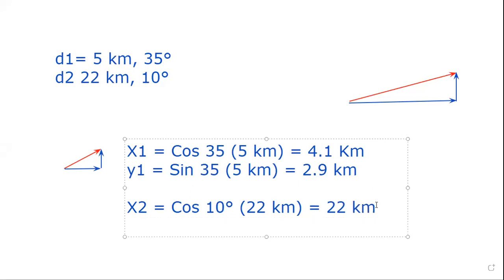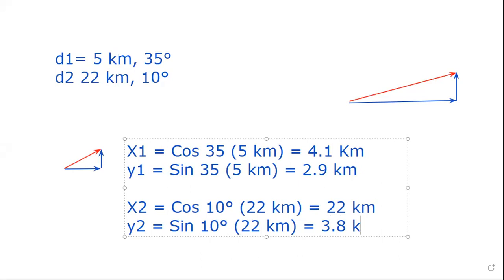Now Y2 is how much? Sine of the angle, 10 degrees, times 22. And that is how much? 3.8 kilometers.